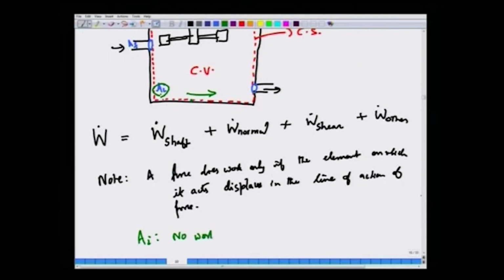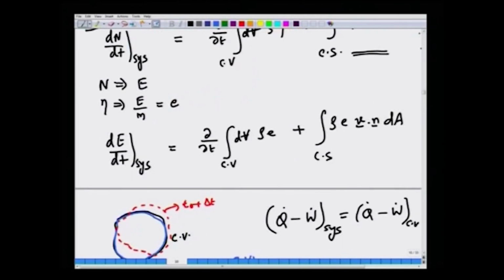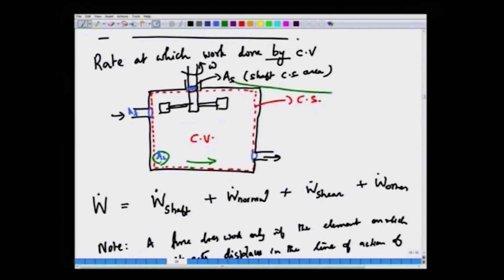the internal area. Okay. Now, if you look at the shaft work, if you look at AS, okay, then there will be a stress. So this is the CS that is cutting. There will be a stress in the solid surface over which the control surface is cutting across, okay, and therefore there is a shear stress and there is an associated motion, a rotatory motion.